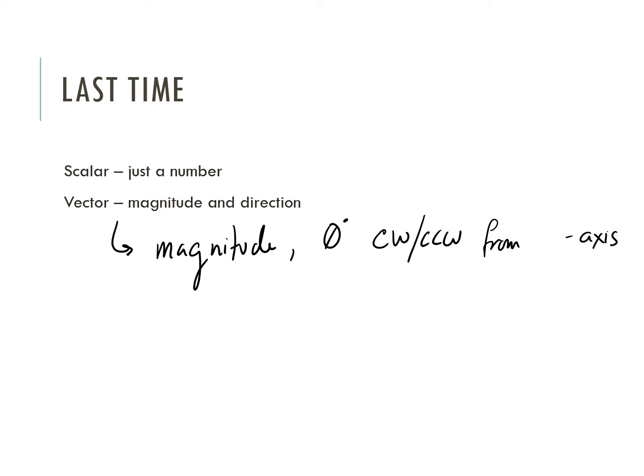Or we could use our unit vector notation. We could have some vector v, it would be vx i hat, indicating that this value of vx is pointing in the x direction, plus vy j hat, so value vy pointing in the y direction. And if we had a third dimension, the z direction, we'd have vz, the value in the z direction, and the k hat pointing for z. So both of these are ways we can represent vectors.